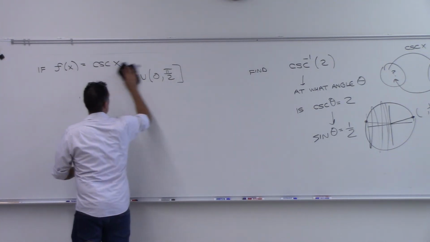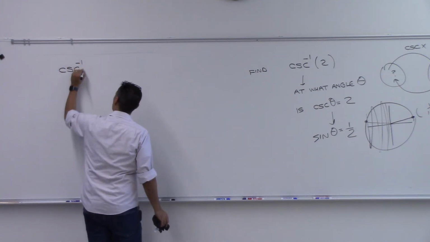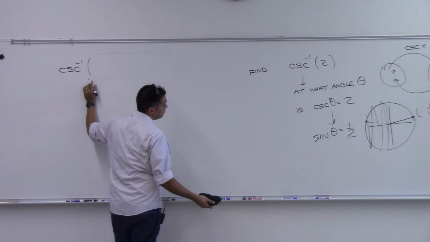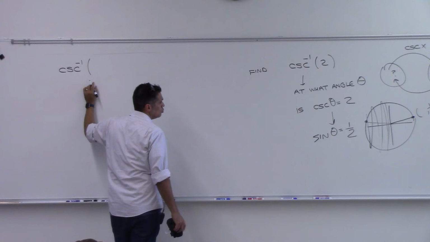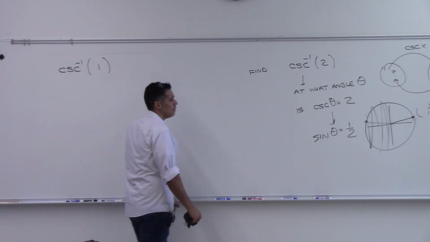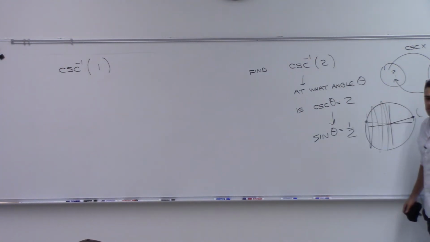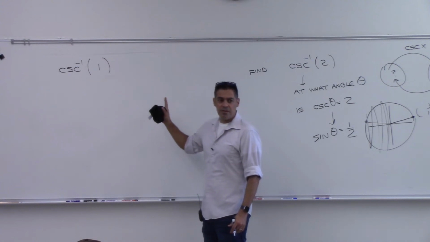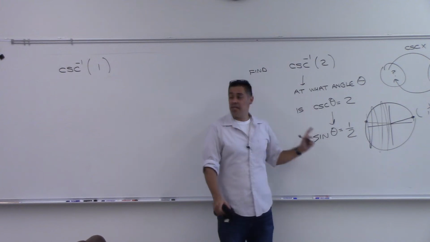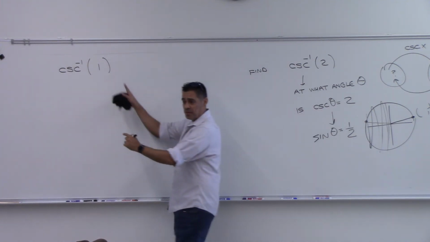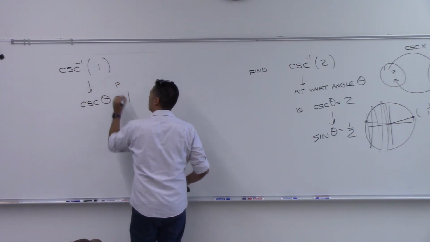What about cosecant inverse of 1? This is really saying cosecant of what angle is 1, right?